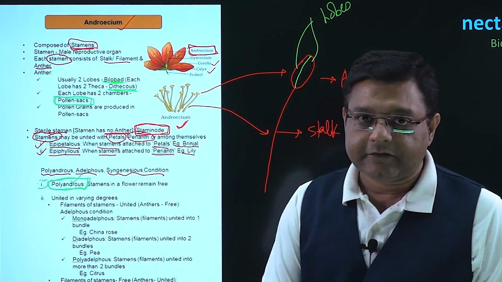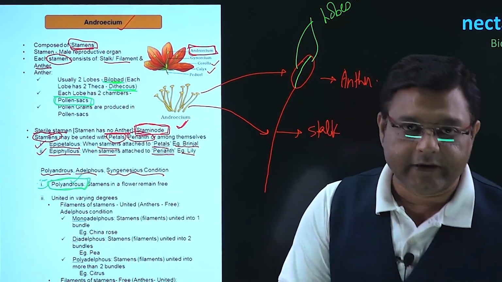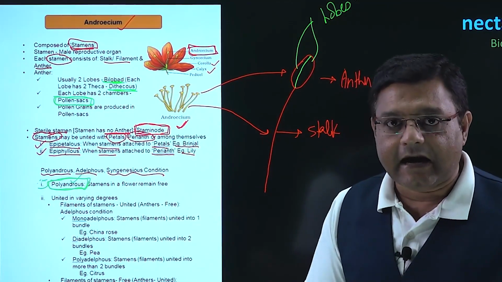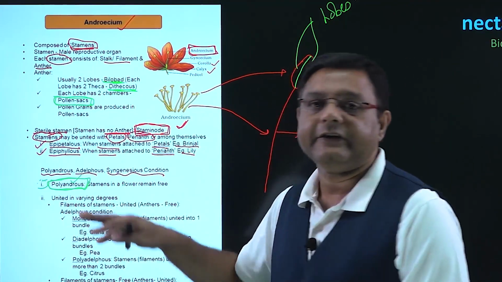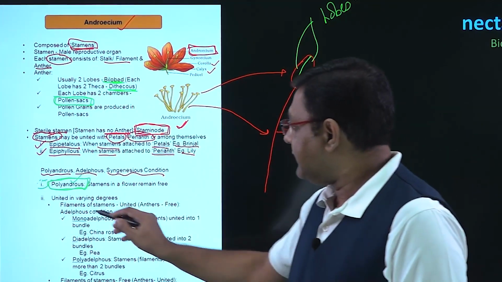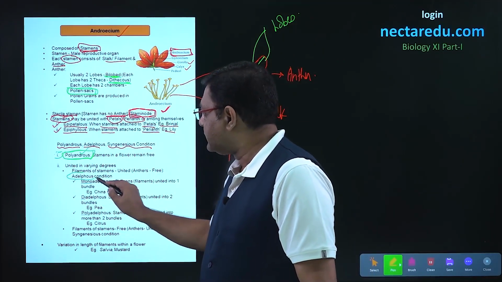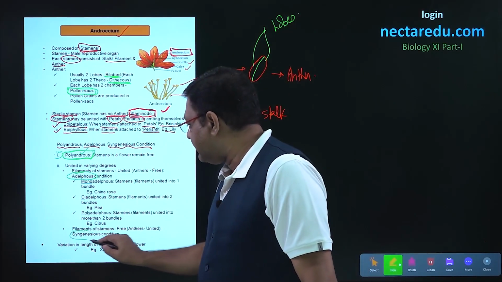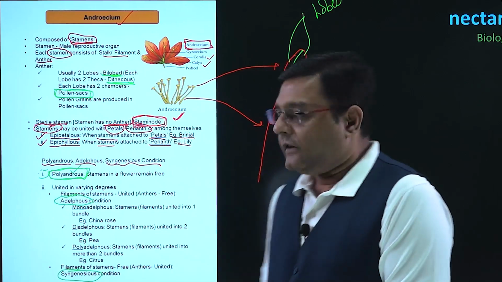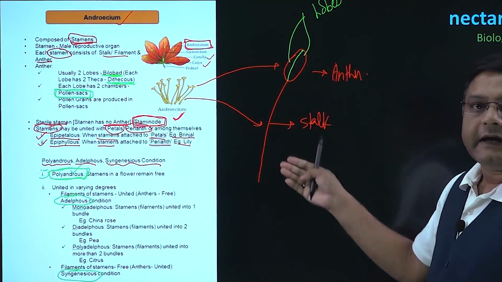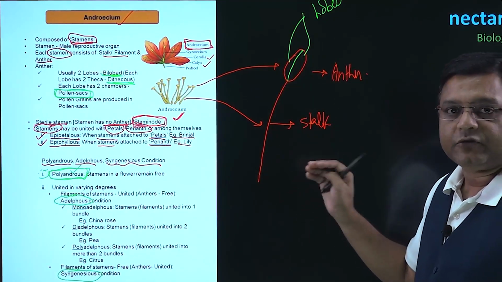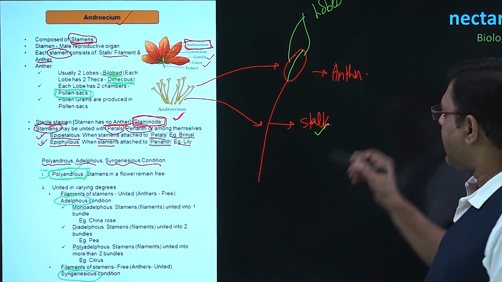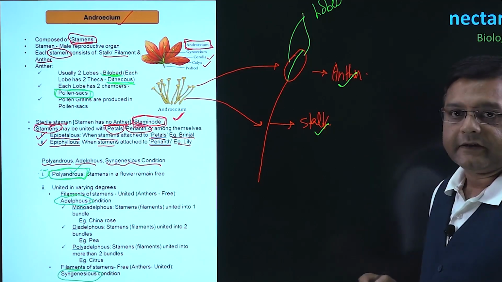The second case: in polyandrous, there was no attachment, the stamens were free, and if stamens are attached, that is the second condition that we talk about, and this can be divided into two types. The first can be Adelphous condition and the second can be syngenesious condition. Now, as we looked into the structure of the stamen, there were two parts. The first part was the stalk or filament, and the second part was the anther.